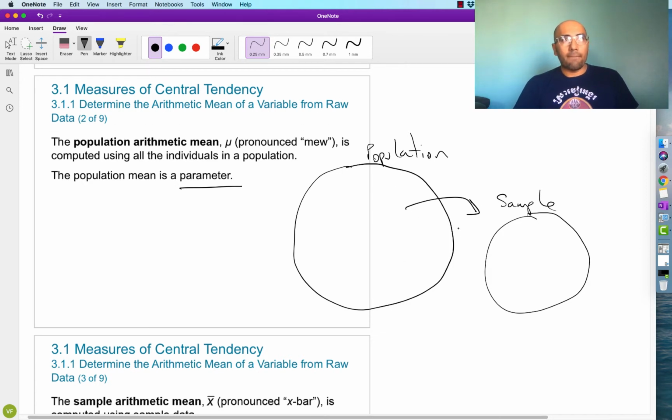So this is like a little microcosm of the population, so that we can find characteristics of this sample and then make inferences about the population. For example, if the population is all Californians, millions of people, and we take a sample of, say, 1,000 people, we want to find out something about those 1,000 people and then make an inference about all Californians.